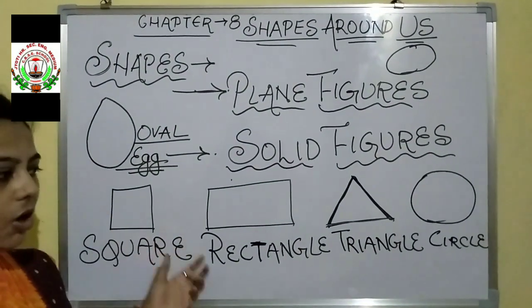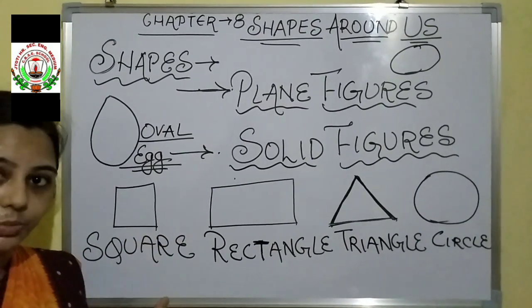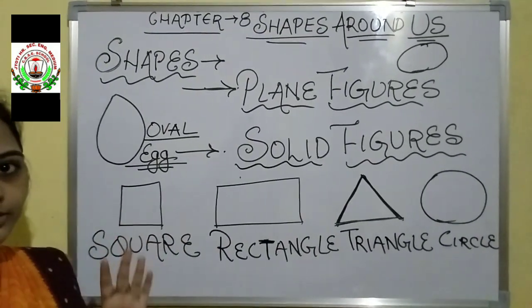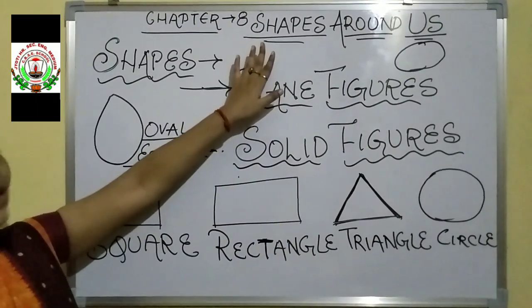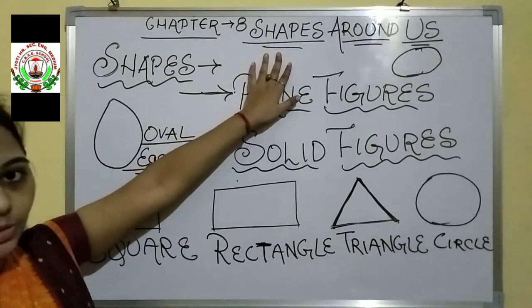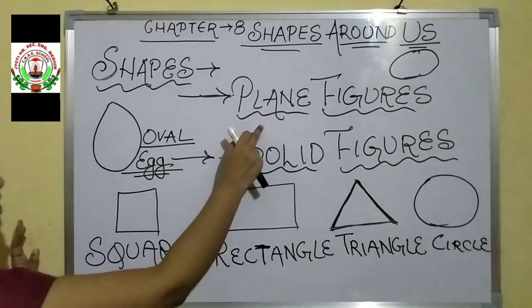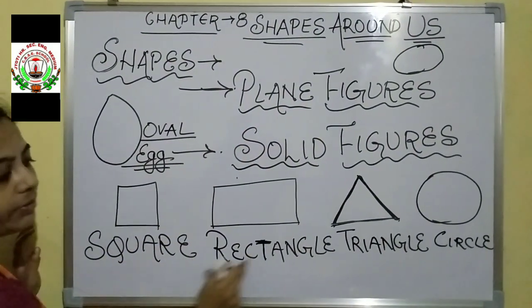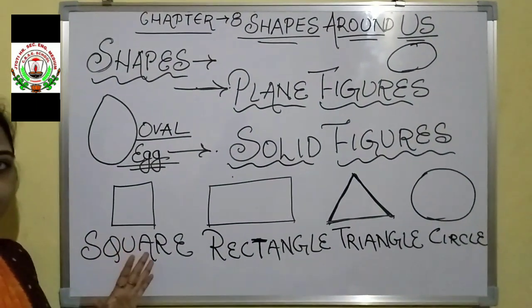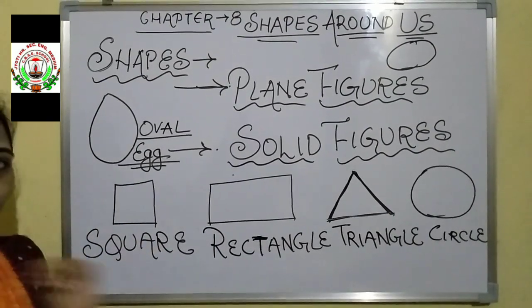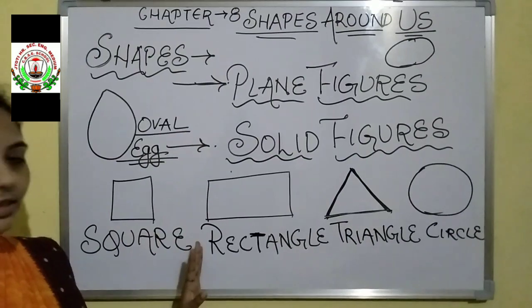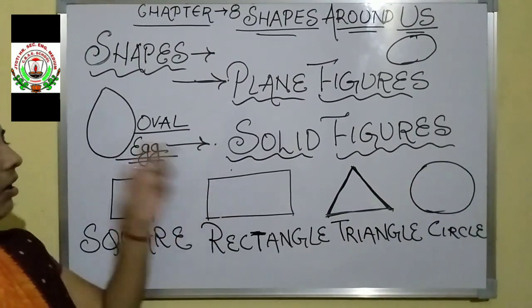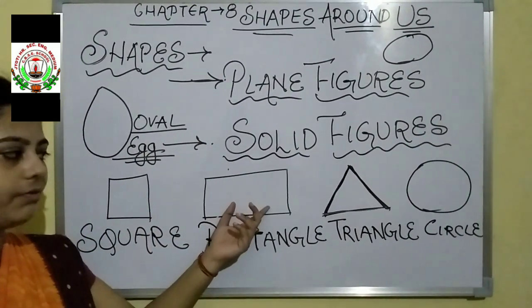See children, this is your homework you have to do in your maths notebook, very neatly and clearly. Give the heading chapter number 8, shapes around us. Okay, and then plane figures, and under that you have to draw any 5 plane figures, and color them, name them nicely and draw them perfectly by using the scale or anything which is helpful for your drawing.